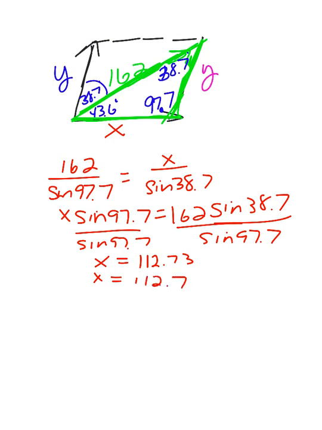Okay, so now I'm going to get y. I'm going to do the same thing. I'm looking for a side, and I have the angle opposite. Again, I'm going to use side 162, and I have the angle opposite. So it's going to be law of sines again: y over sine of 43.6 equals 162 over sine of 97.7.